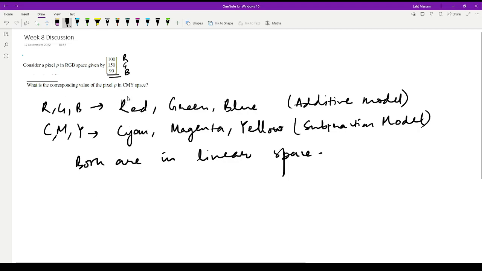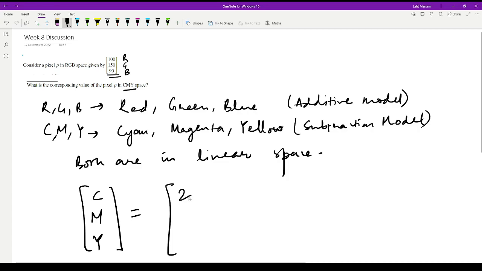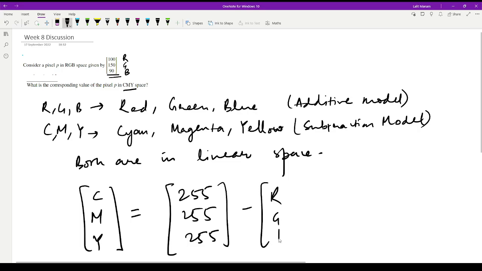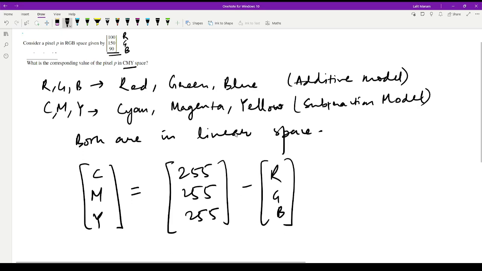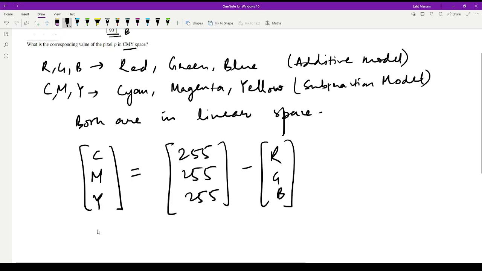The answer to this question is very simple, but we should understand why this even exists. Take the maximum value per channel and subtract RGB from it, which gives us the corresponding CMY channel.